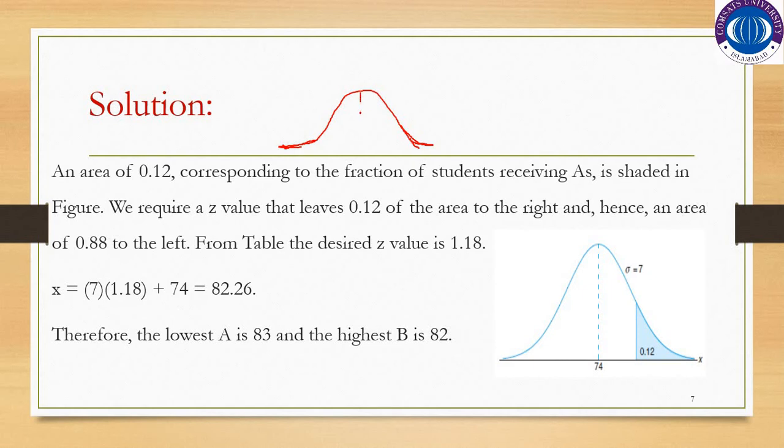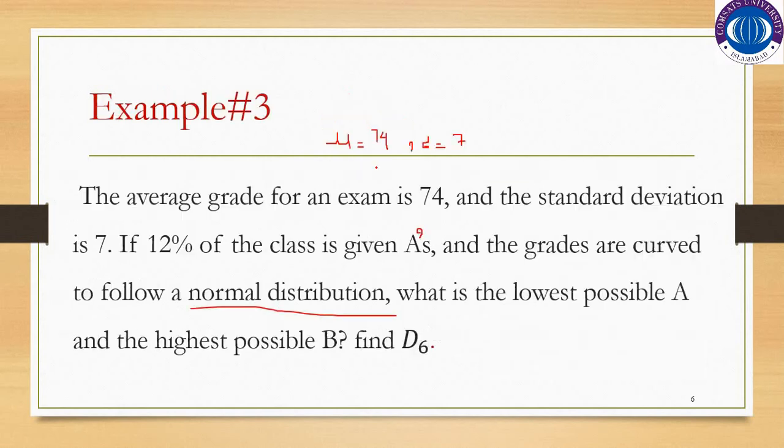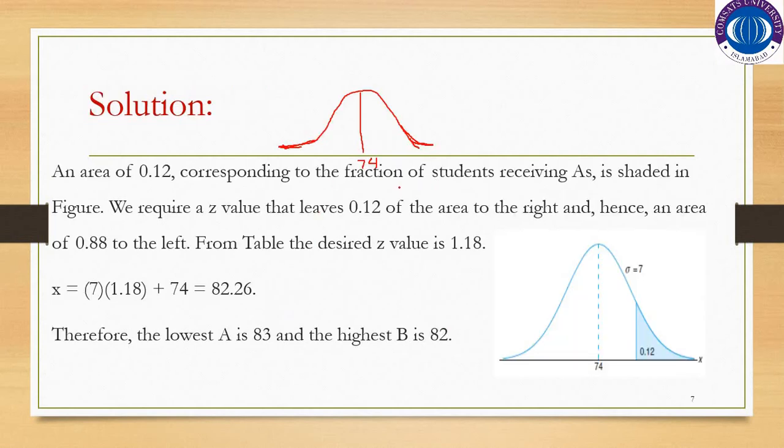And here we have the average marks 74, and they are saying that 12% of the class is given A's. That means 12% or 0.12 is the probability that a student will get grade A. So we have to look for 0.12 on this graph.